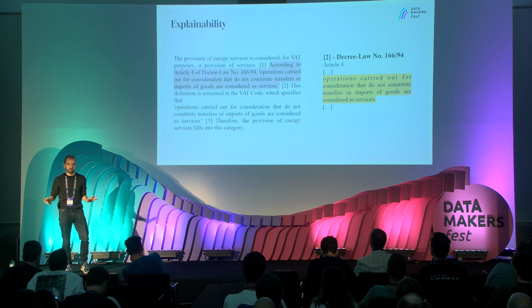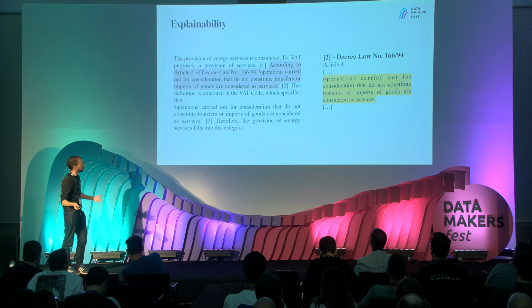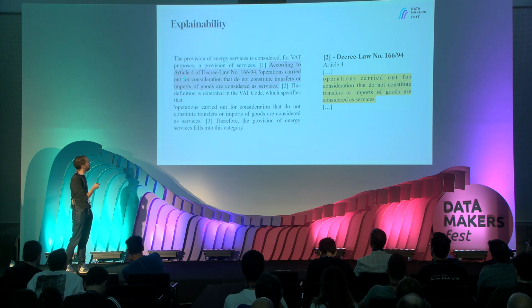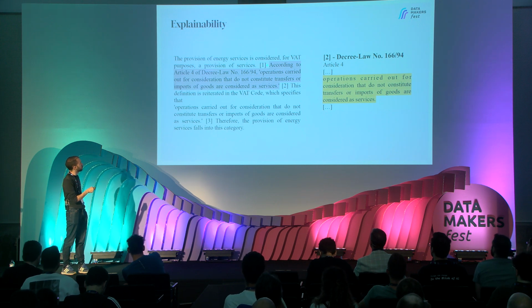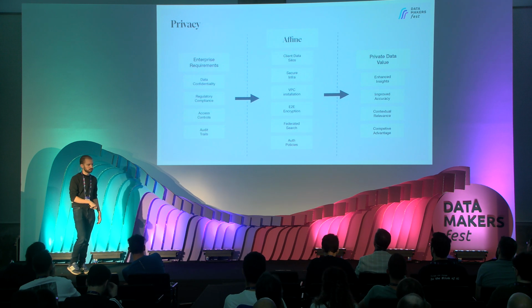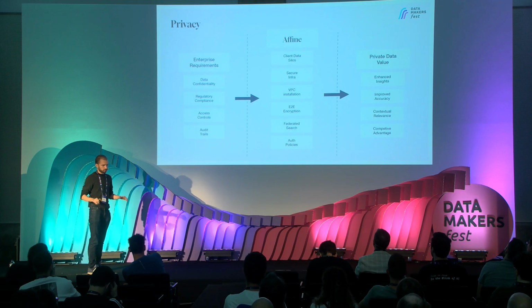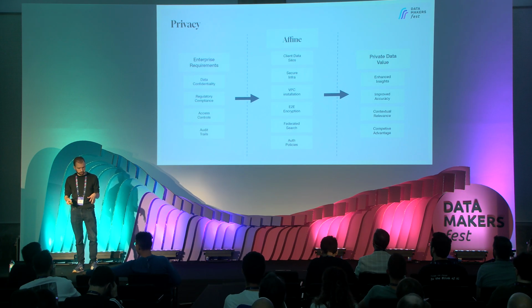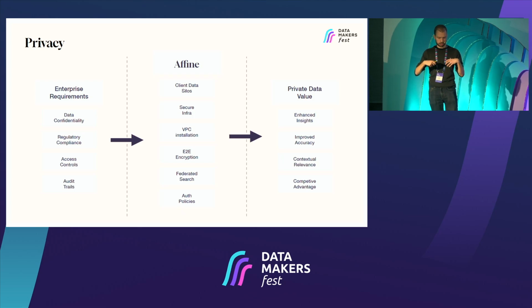But this is the idea, so explainability. For example, a lawyer could check this answer. Oh, there's a reference here. He could click, go there, and he would have a highlighted part to understand what generated this response.